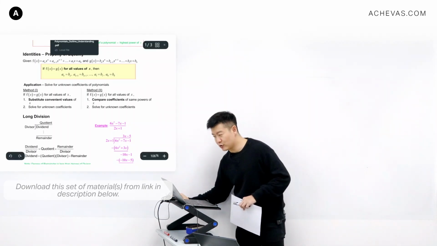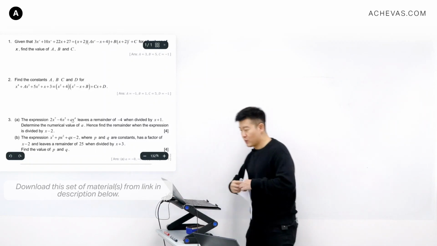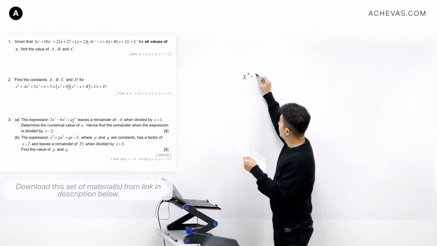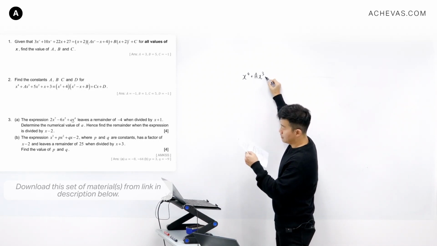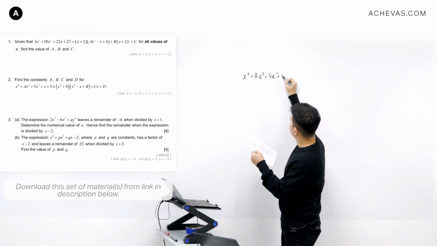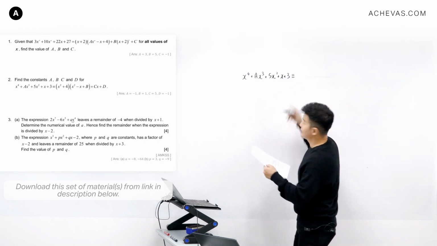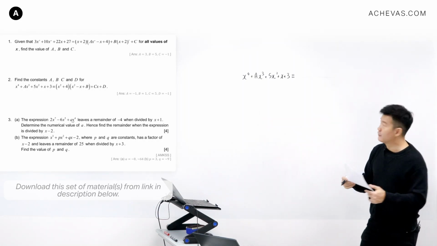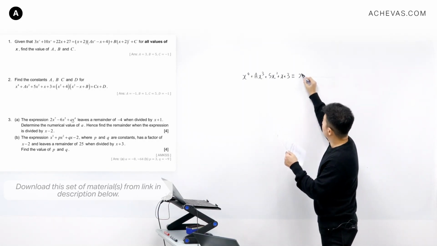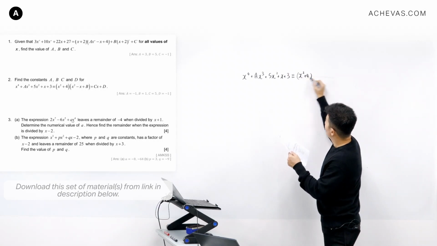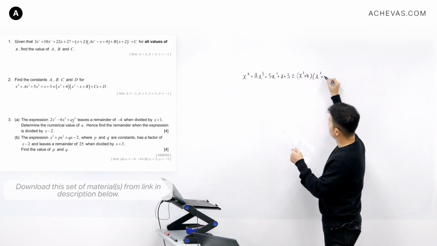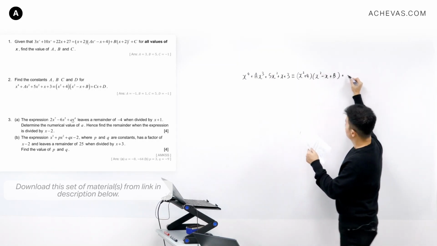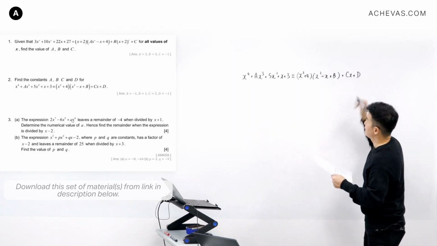If I were to apply that here, we have x to the power of 4 plus ax to the power of 3 plus 5x squared plus x plus 3, is identically equal, with the 3 strokes, so it is true for all values of x, to (x squared plus 4) multiplied by (x squared minus x plus b) plus cx plus d.